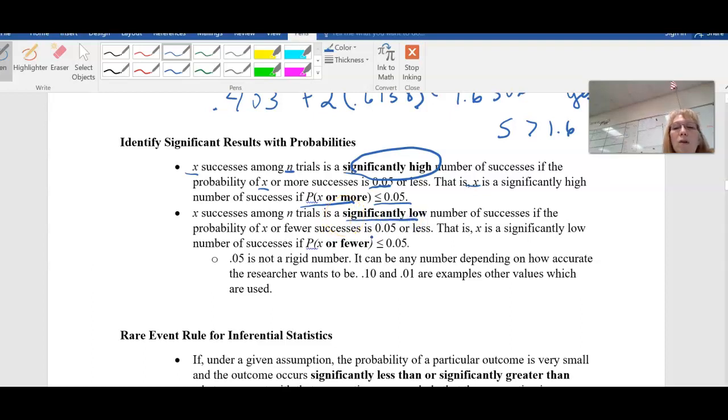Significantly low, we do the exact same thing, and we're going to use 0.05 again. Remember, 0.05 does not have to be 0.05. It can be 0.1 or 0.01. We have talked about that a few times. So 95%, 90%, or 99% confident is what those are talking about.